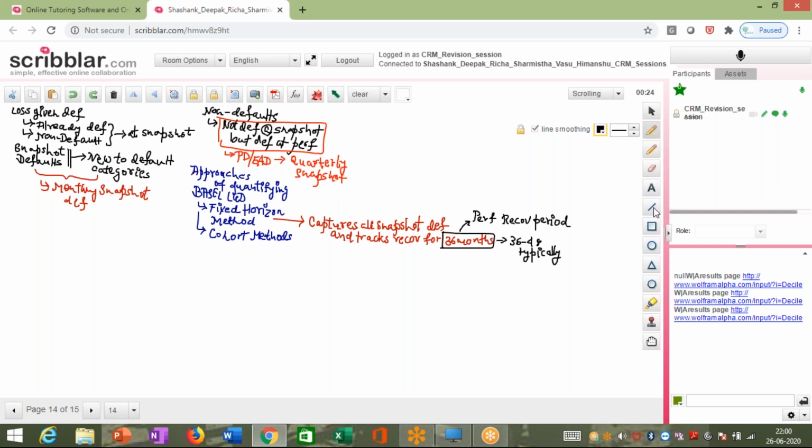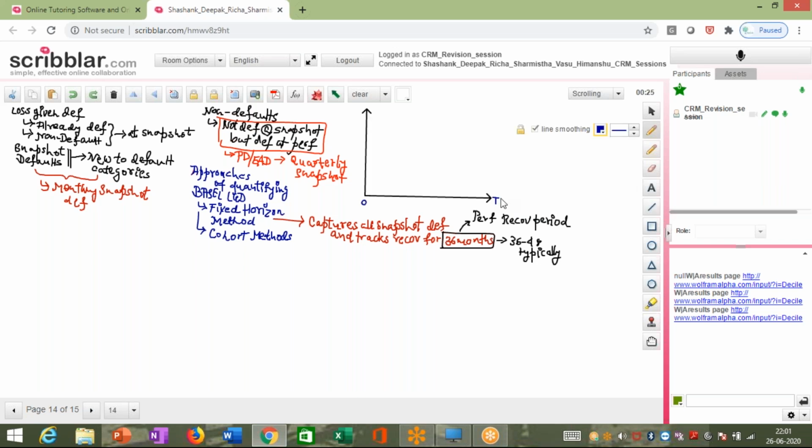This performance period is to be used for the fixed horizon as well. So we'll track the recovery over the next 36 months. For every recovery, I'll try to track the next 36 months. Now the question is that every time the data is not available.